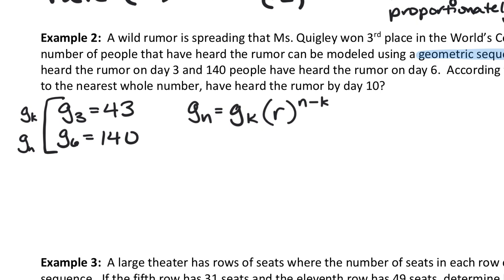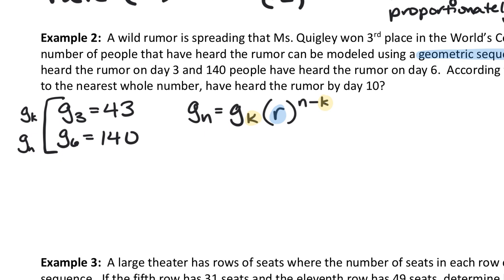The 3 things we need to fill in here are the common ratio and the coordinate point k and g sub k. Now, of course, we don't have the common ratio yet. So we need to use both coordinate points to find the common ratio. Now, I specifically picked this one to have the g of k be the smaller number and the g of n be the larger number.